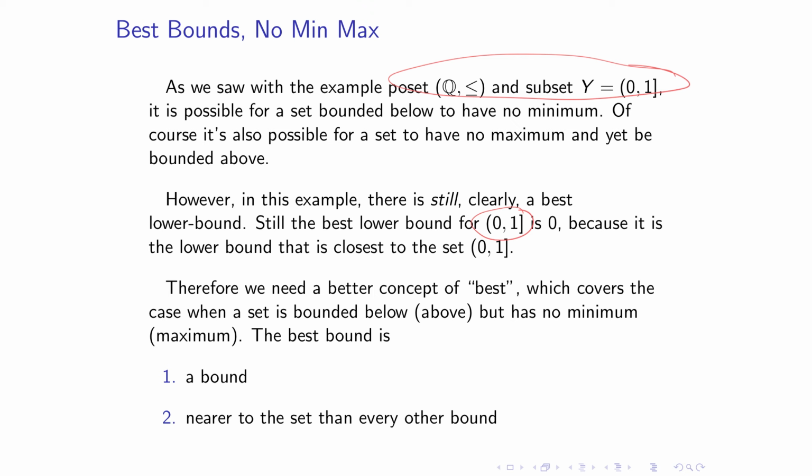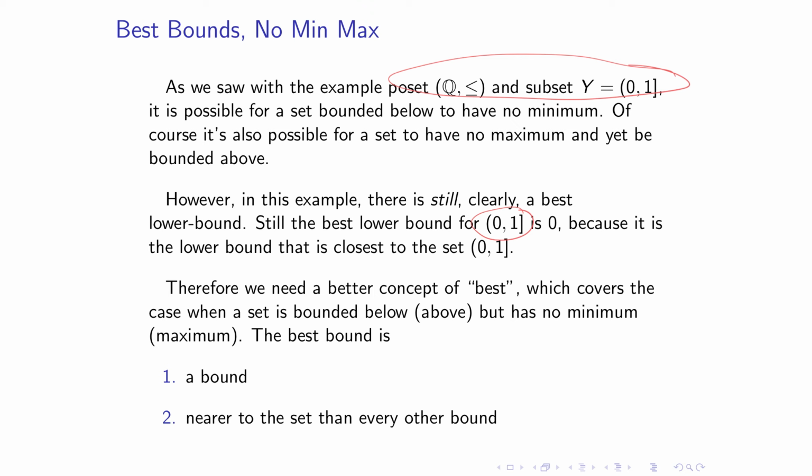There's no space in between that lower bound 0 and the set. So in some sense, the distance between them is 0, meaning that 0 is still the best lower bound for this example set. But we couldn't call it the minimum.